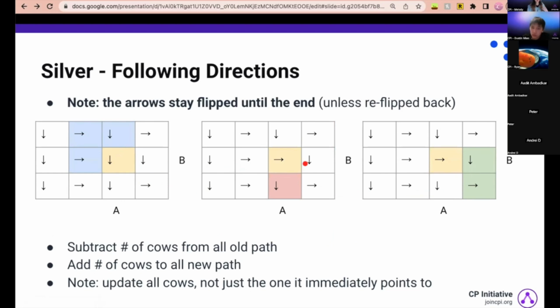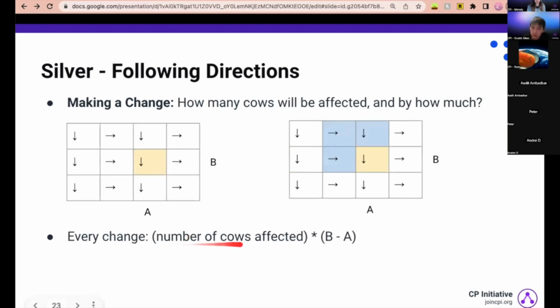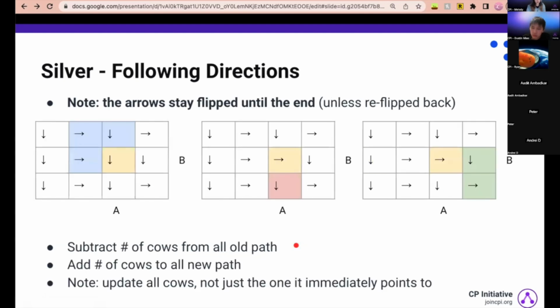So the number of cows affected is going to change day by day, because when we flip this cow from down to right, the number of cows pointing to this bottom red cow here is going to change. Since initially here, it had 1 cow here, plus these 4 cows pointing to it. Now, because the yellow cow has been flipped here, this red cow only has 1 cow pointing to it.